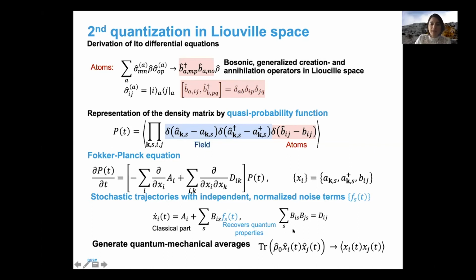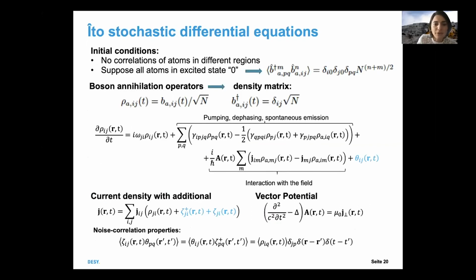The expectation value of the density matrix is then just recovered by averaging over these trajectories. So that's the equations in compact form.